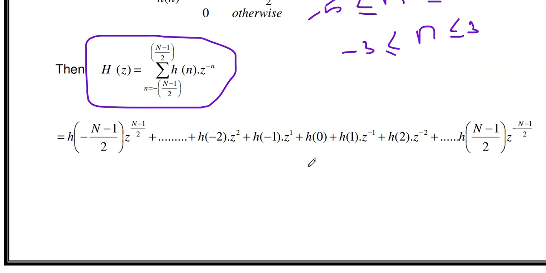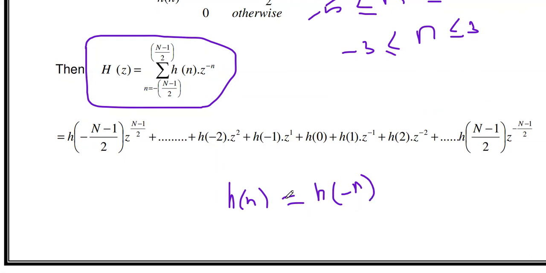We know that all these FIR filters are linear phase FIR filters. Linear phase FIR filter means the impulse response satisfies the condition h of n equal to h of minus n. We already discussed this point in the realization of FIR filter, linear phase realization.